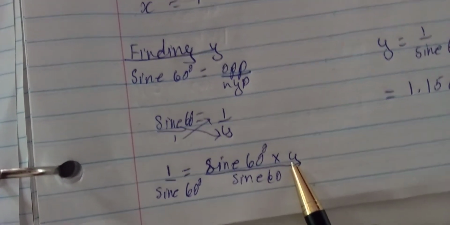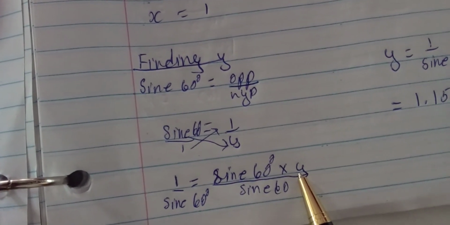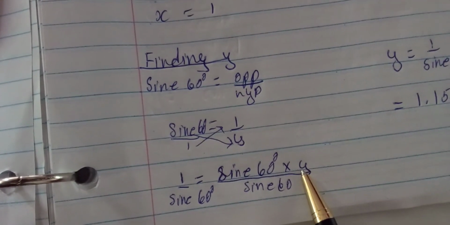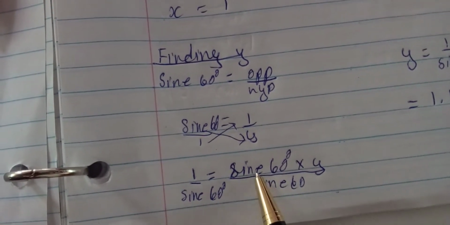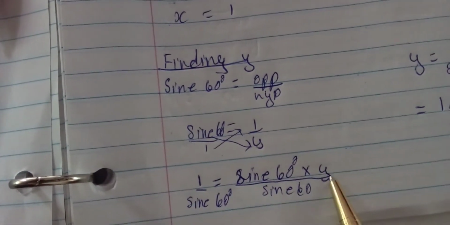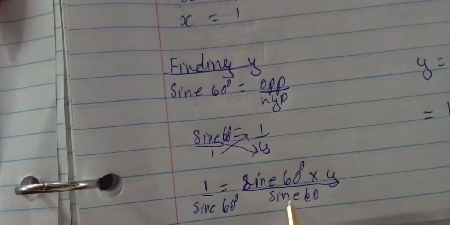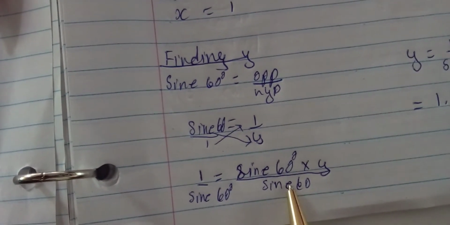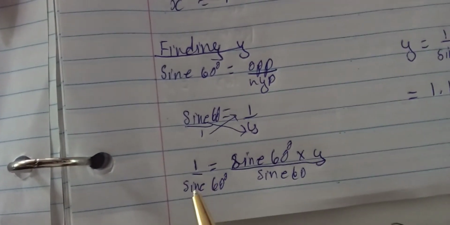To do that, we remove what's preventing y from being by itself, which is sine 60. It's multiplying y, so we do the opposite, which is divide. We divide by sine 60, and whatever we do on the right, we do on the left. Then I get 1 over sine 60 is equal to y, as you see there.